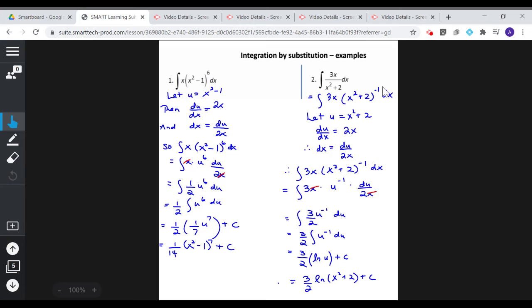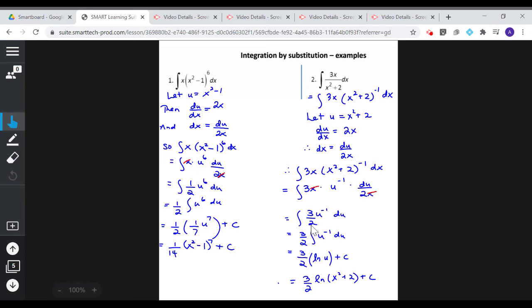Now I can take this original function and replace this x squared plus 2 part with u. So I get u to the negative 1. And I can replace this dx with du over 2x. That will allow me to cancel out these x terms and have a function to integrate that's all in terms of u.